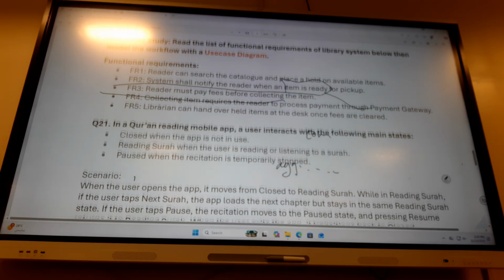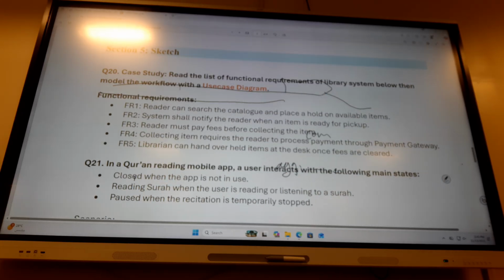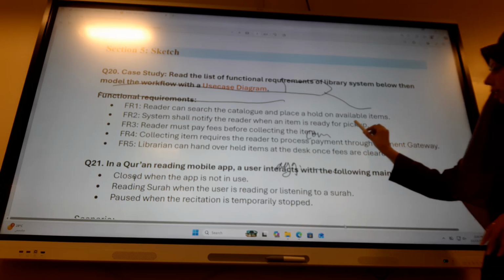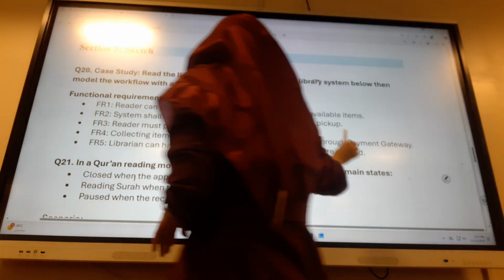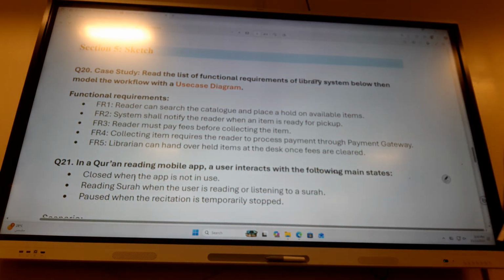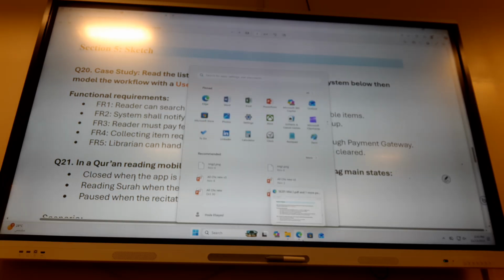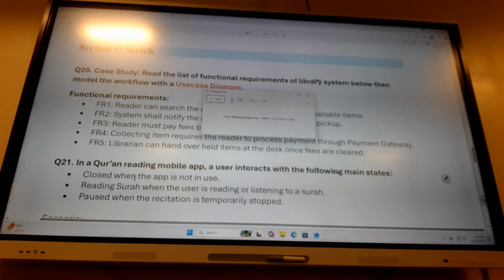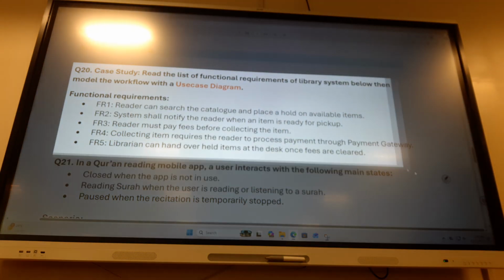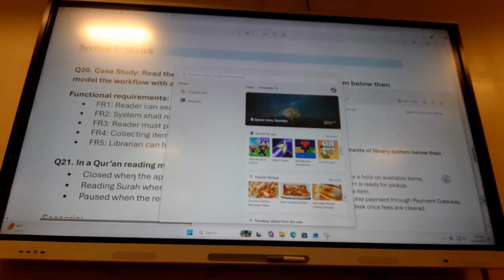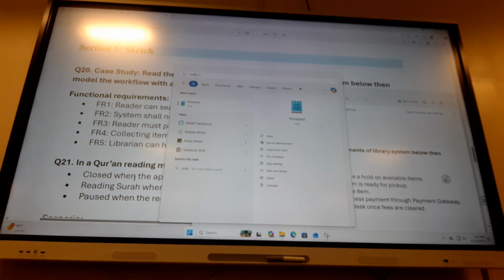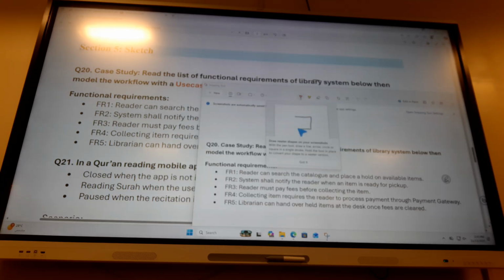Sketching. Nice. Okay. What? Is it out of 10 or out of 20?